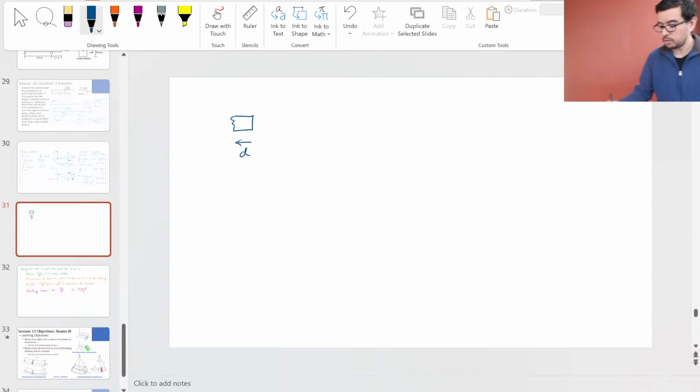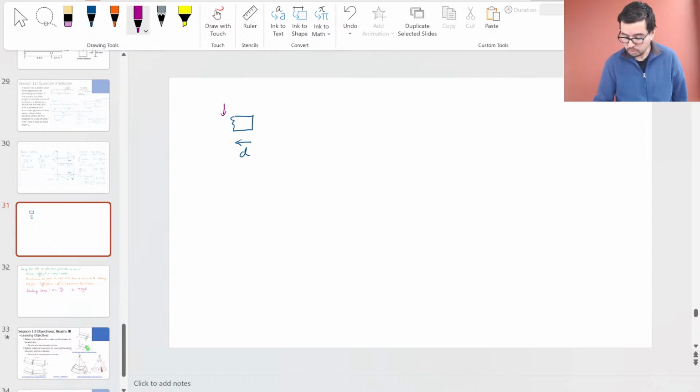We have here this distributed force being applied, and it keeps going, but we're only going to our location D. This has quantity minus w naught, or we could say w naught, whatever it is.